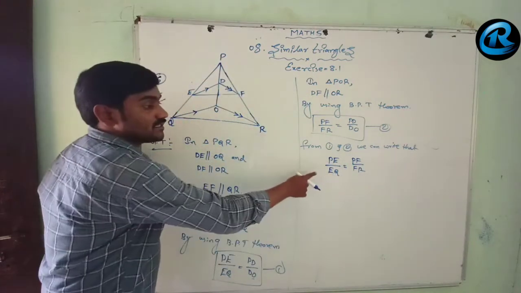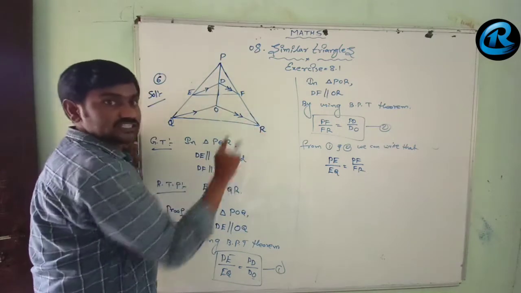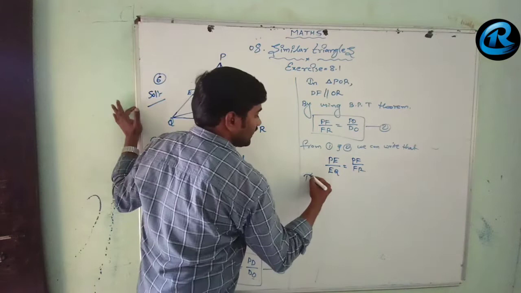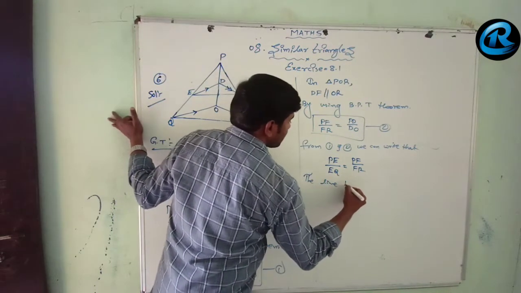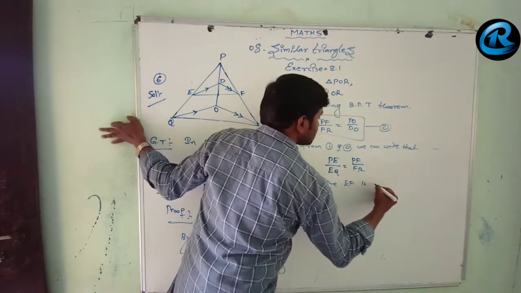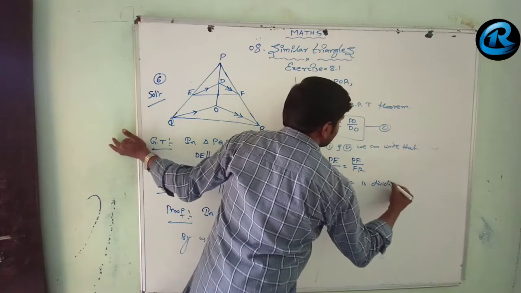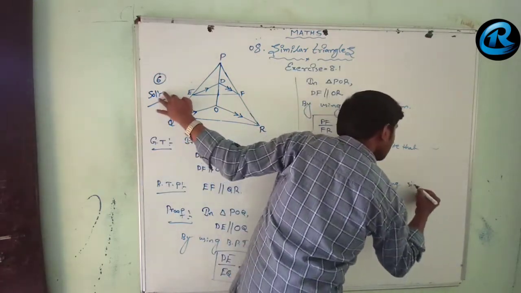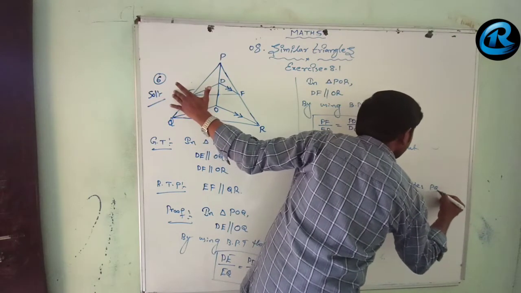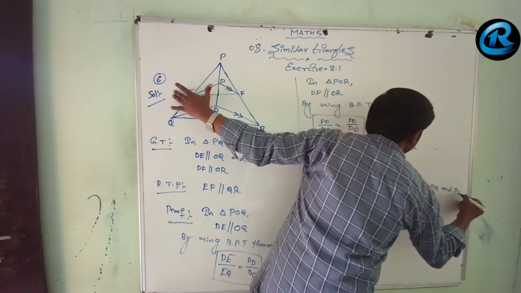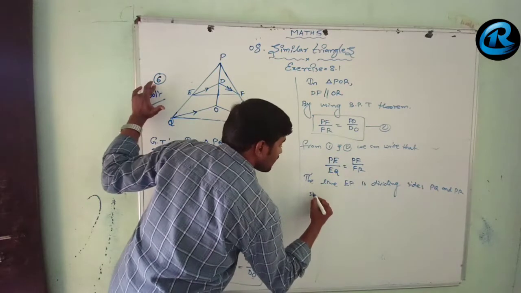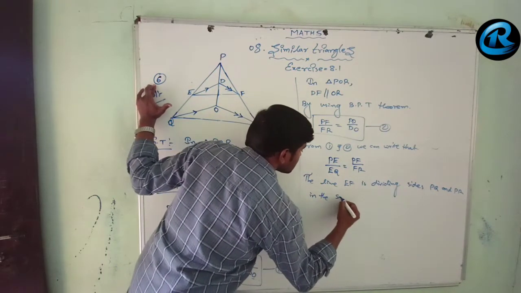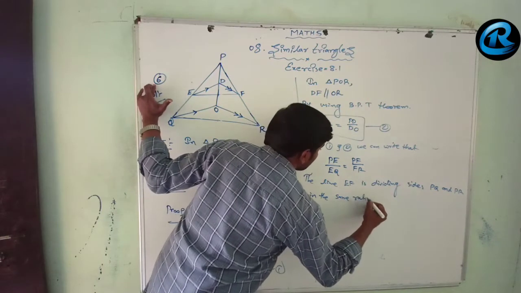So what happens here? The two sides are divided in the same ratio. The line EF is dividing sides PQ and PR in the same ratio.